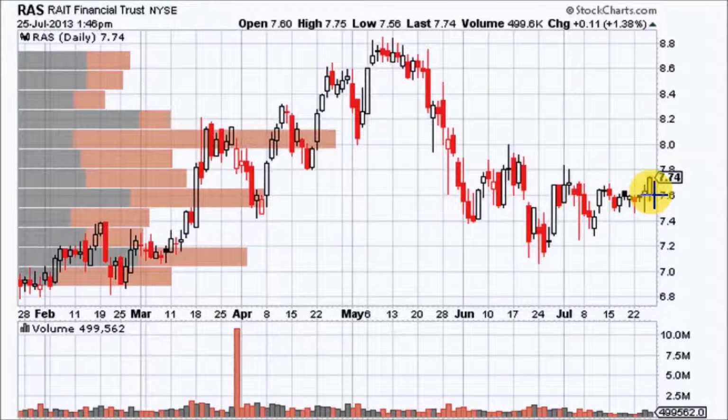But in order for it to break above this level of resistance, it's going to need a lot more volume. It'll probably take even more volume to break above this level of resistance here. And then probably even more because of all the red here in order to clear this level of resistance here, according to the volume by price bar.